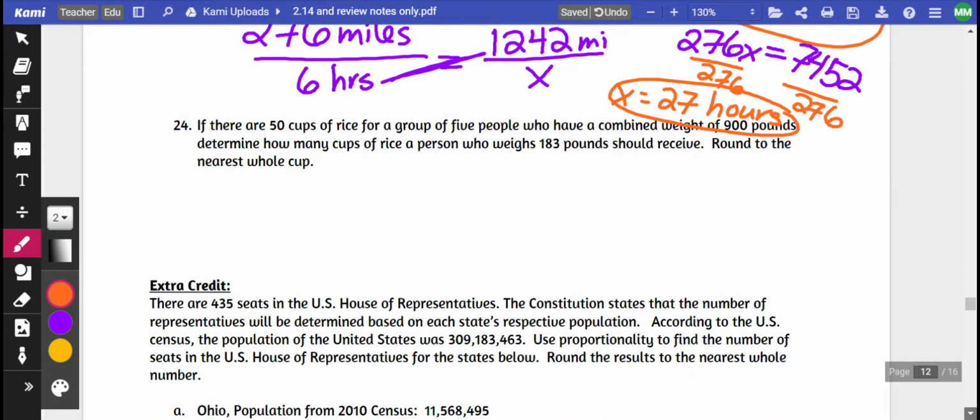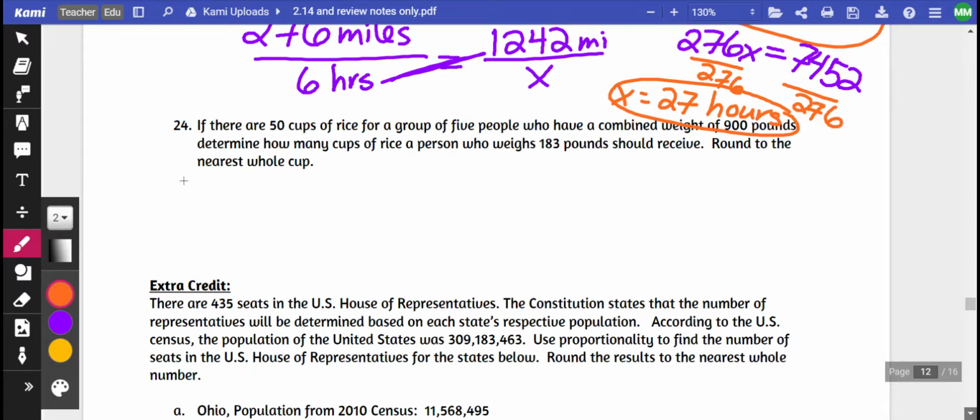The last one that we're going to do says if there are 50 cups of rice for a group of 5 people who have a combined weight of 900 pounds, this should sound similar to that first problem we did together. Determine how many cups of rice a person who weighs 183 pounds should receive.